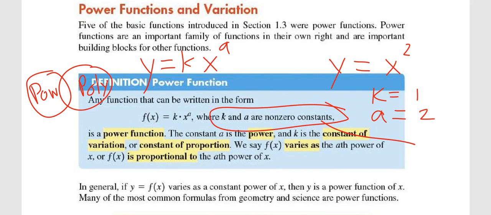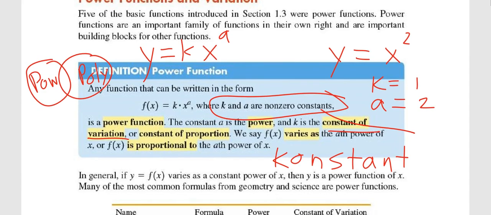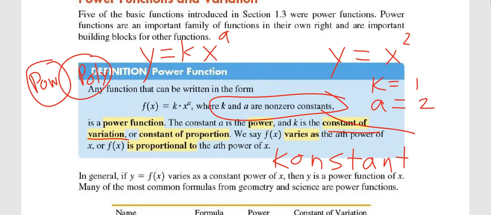Now, the k value there, we actually called that the constant of variation. Looks like they misspelled the word constant. We all know that. The constant of variation, k. We will use phrases like varies directly, varies inversely.